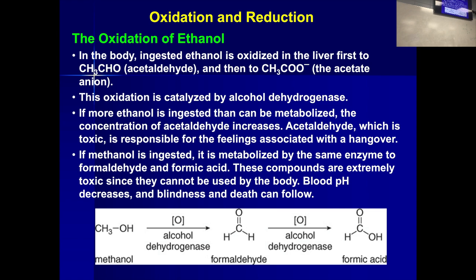Now, they say acetate here because the pH of your bloodstream is such that it wouldn't be in acidic form, it'd be deprotonated, okay? But this little guy right here, acetaldehyde, is why you experience a hangover, okay? It's very toxic. Aldehydes are typically quite toxic, okay? And so as you ingest the ethanol, that's what happens.